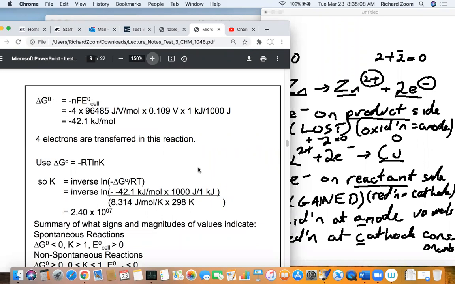The R is a constant, 8.314 joules per mole per Kelvin, and the temperature was 25 degrees Celsius, which converts into 298 K. When we do the math on this, we end up getting a K of 2.40 times 10 to the 7th. There's no unit on this. You'll notice everything cancels out here. Does anybody have any questions?